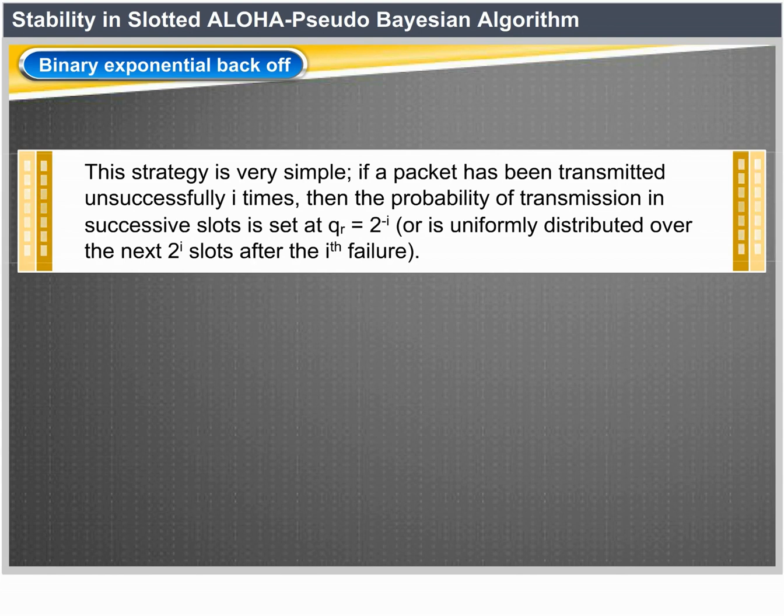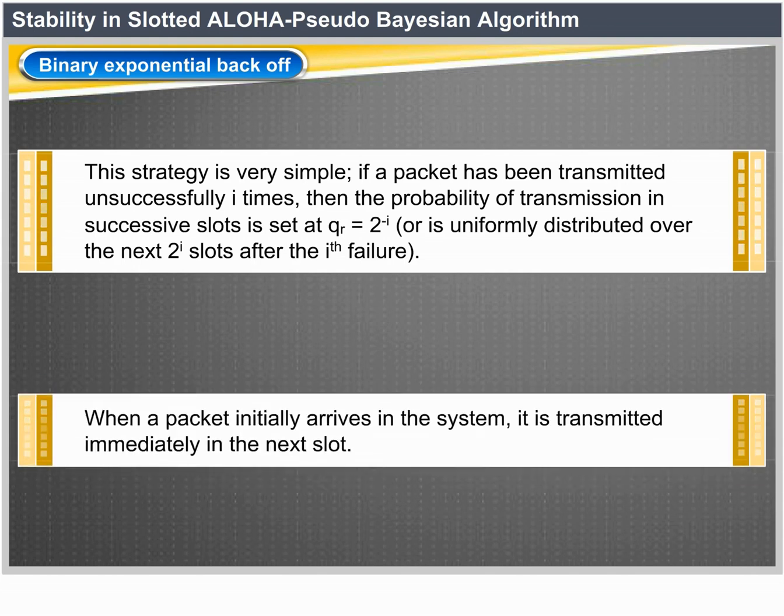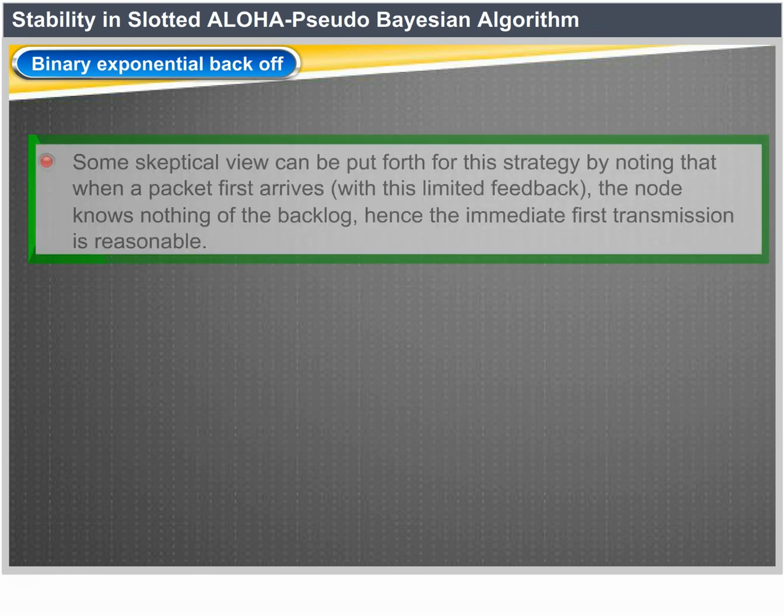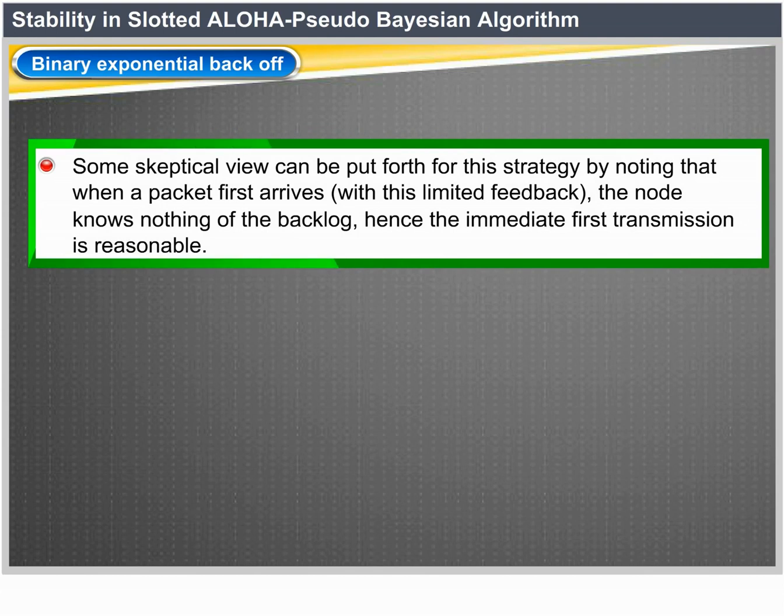When a packet initially arrives in the system, it is transmitted immediately in the next slot. Some rationale for this strategy can be seen by noting that when a packet first arrives with this limited feedback, the node knows nothing of the backlog, so the immediate first transmission is reasonable.